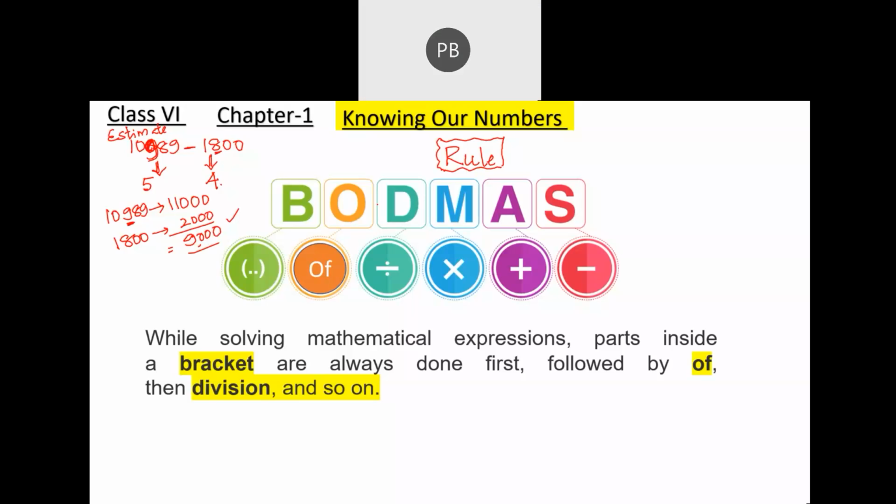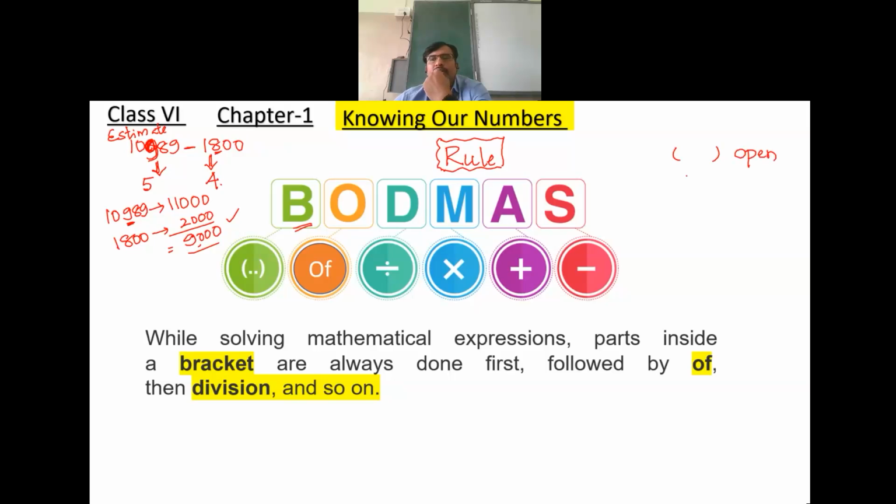Now coming back to BODMAS rule, what does this B stand for? Bracket. Do you know that there are different types of bracket? Four types. This is called the open bracket.